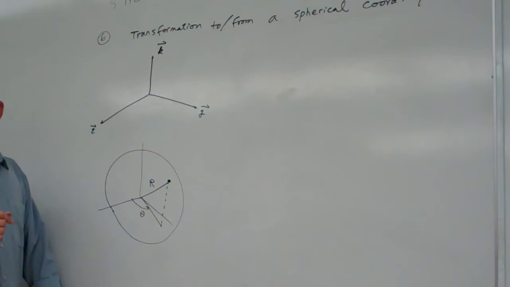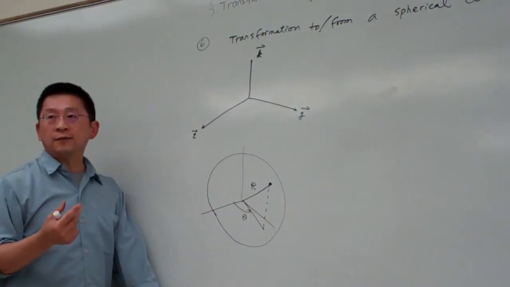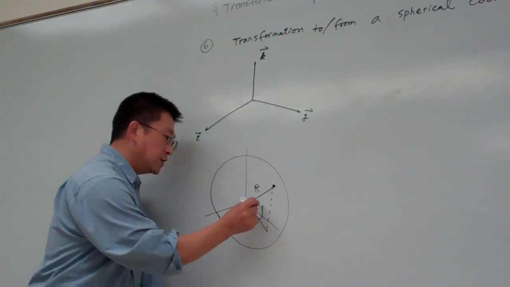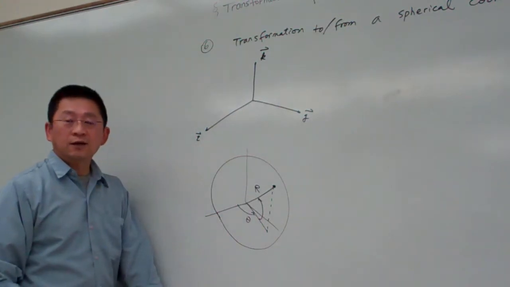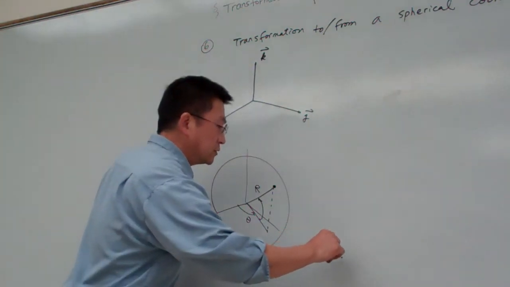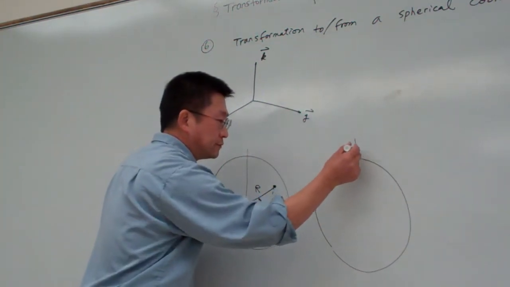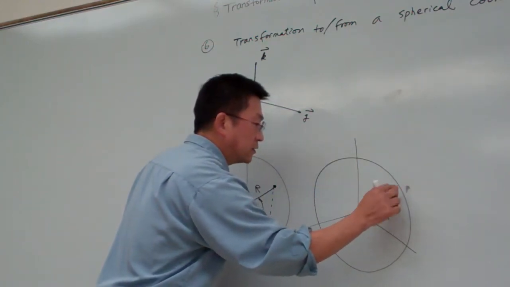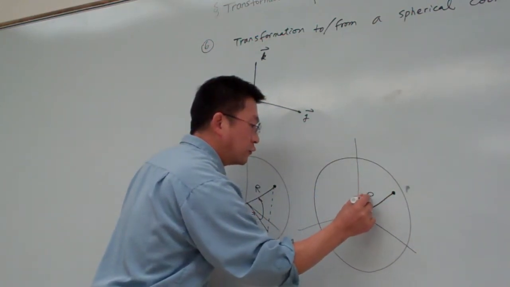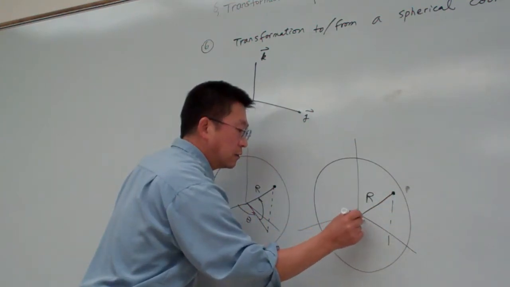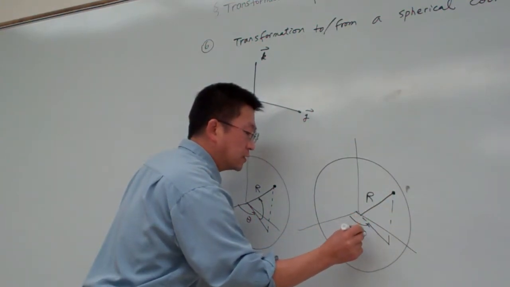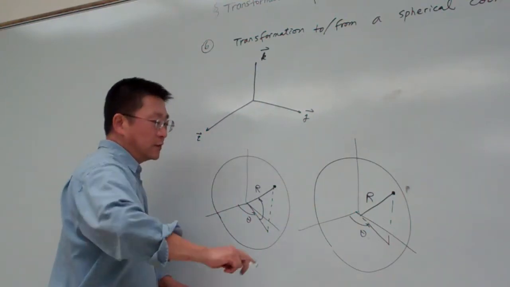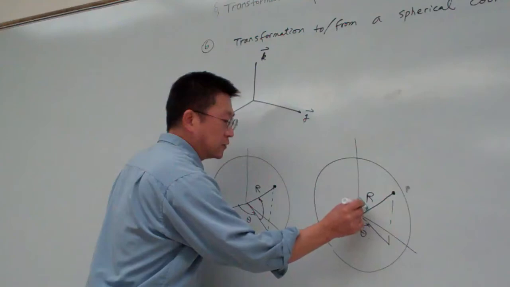And for the latitude here, there are two common options. Either you can use this angle, or the other option, let me draw that one here. The same point here, so we have the first and second coordinates, and the third one is what people like to measure from here to here.